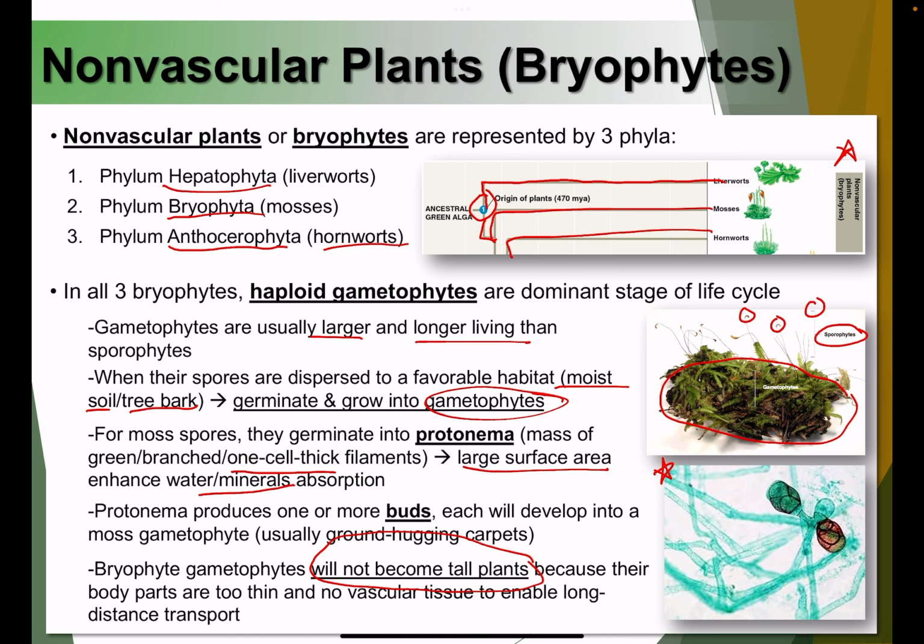I mean, imagine your human body without blood vessels, and we just rely everything on diffusion. Well, we're not going to get oxygen to every part of our body quick enough. This is why we have vascular tissue inside our human body. Same thing for plants. If they don't have any vascular tissue and they're thin, they cannot be tall or long. They have to be very small, short, for that matter.